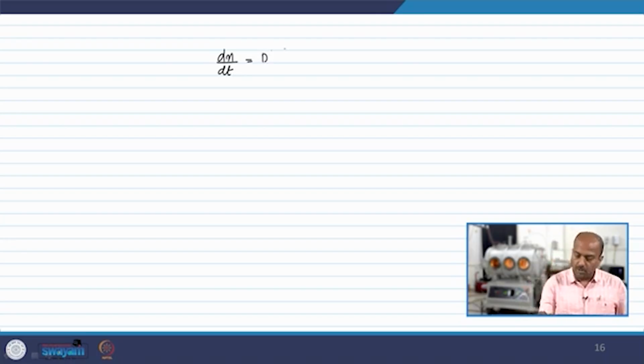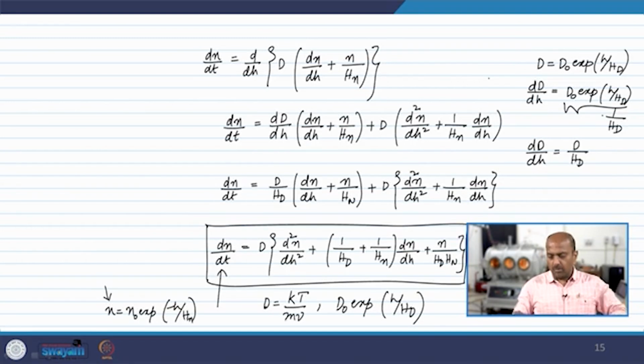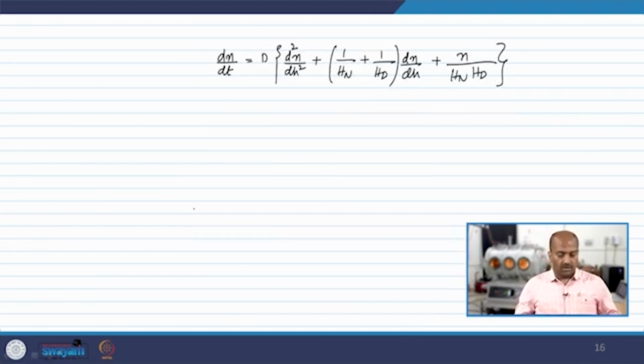It is D times d²n/dh² plus (1/Hn + 1/Hd) times dn/dh plus n/(Hn Hd). So, if you see this, I have probably skipped one or two steps of algebra between these two relations. You can work it out. You will eventually get the same form that I have written here.